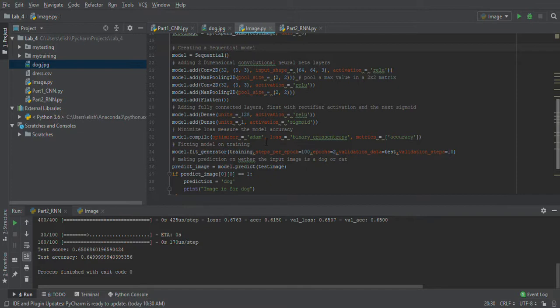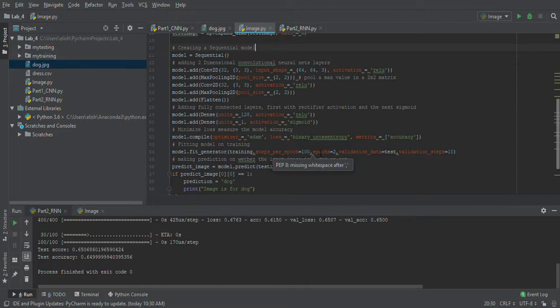And then I compile my model, that's to minimize loss and measure accuracy. I fitted the model on my training set and validate using a test set. So I have a lot of pictures, about 10,000.